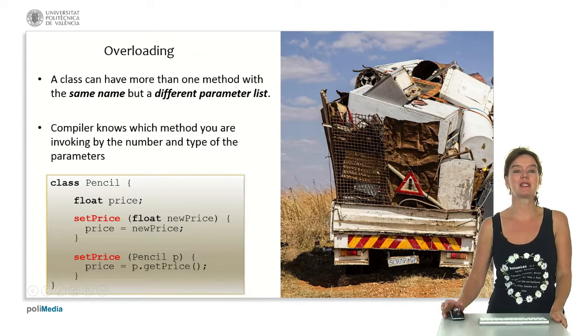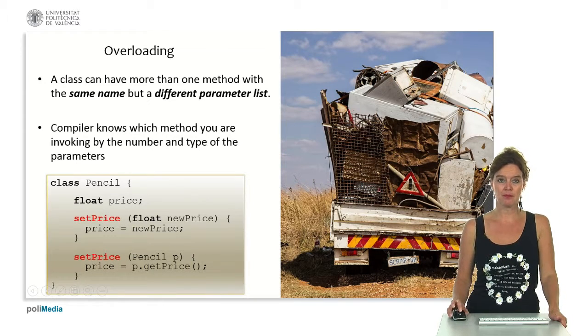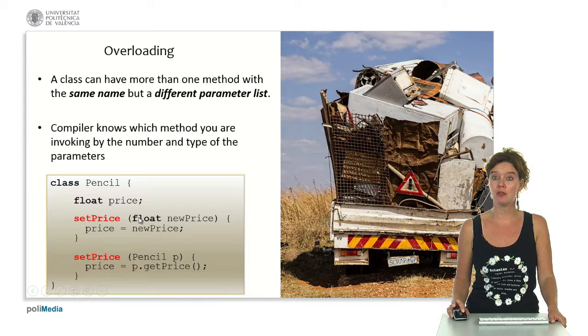So here we see an example of a pencil, a class pencil that has an attribute price, which has type float. And here we see two setters. One setter that has one argument, a float, that wants to set a new price. So we assign new price to our attribute price.